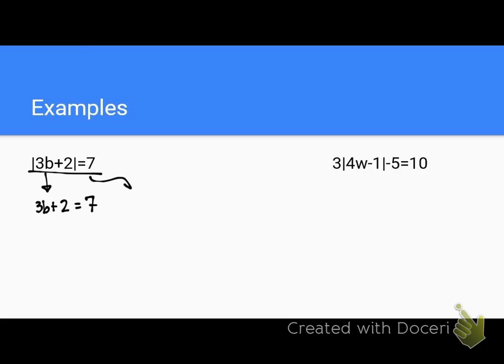And then our second equation is 3b plus 2, but we want the negative version of that, so we're going to put a negative sign with parentheses, is equal to 7. So whenever you deal with quantities, make sure that you keep parentheses around the quantity. So this first one's positive, second one's negative.